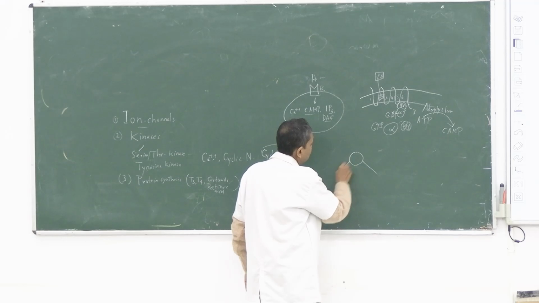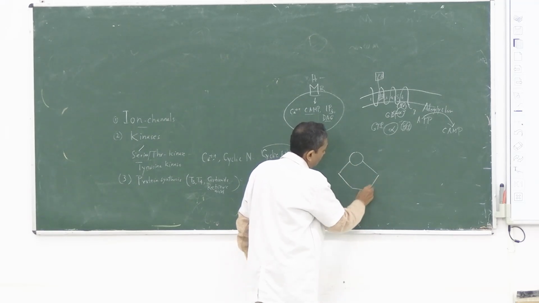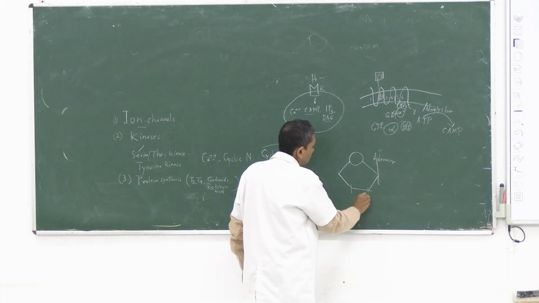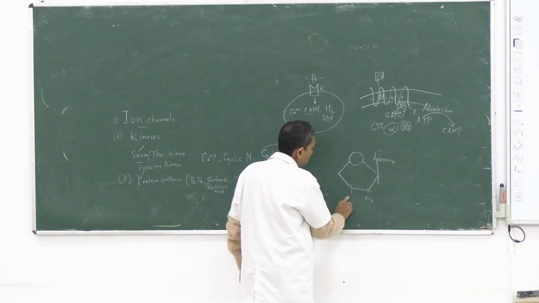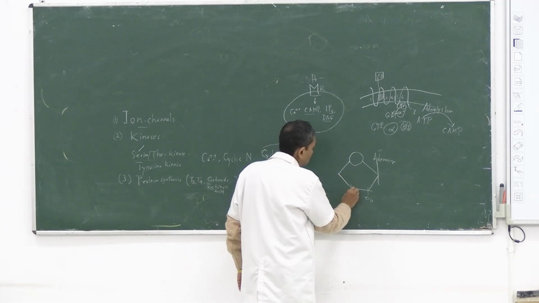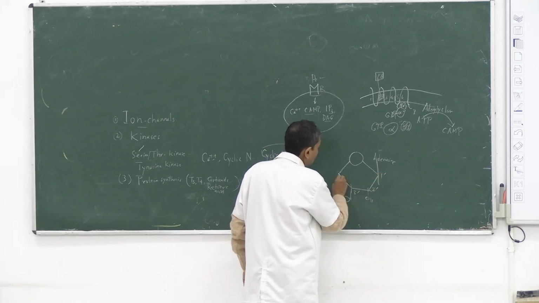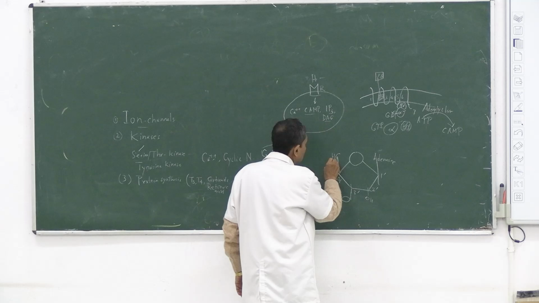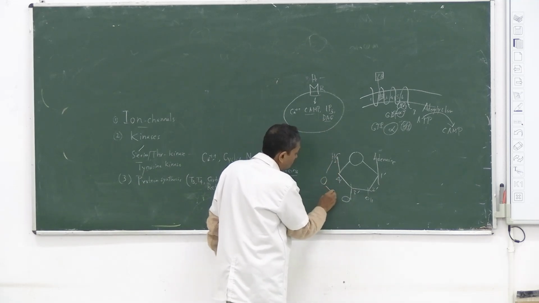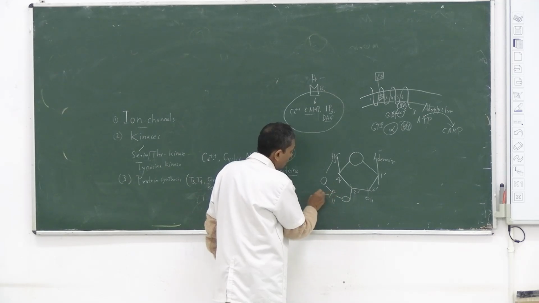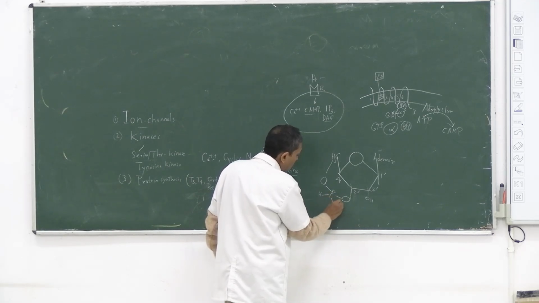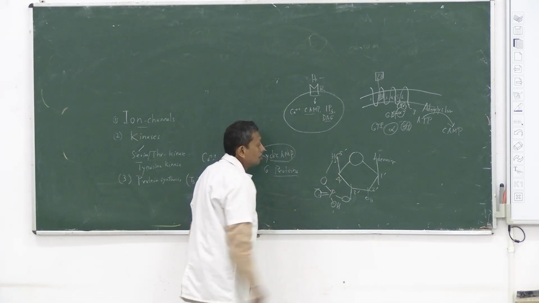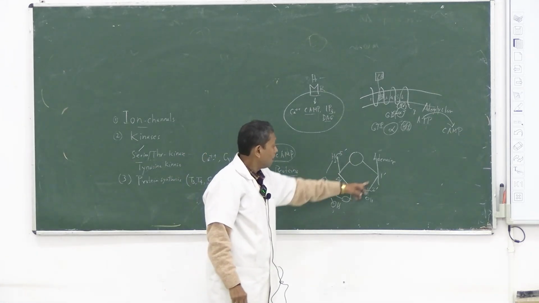In shorthand you can draw this type of structure, adenosine, with the 3' 5' linkage.